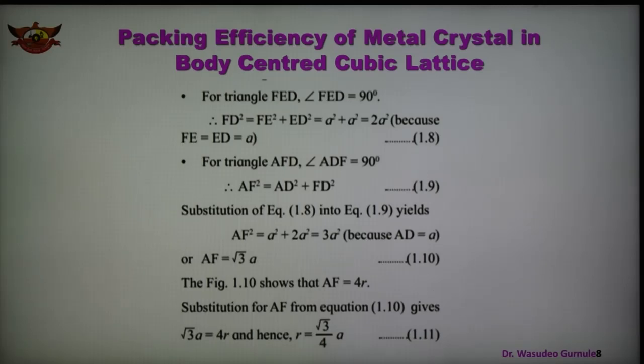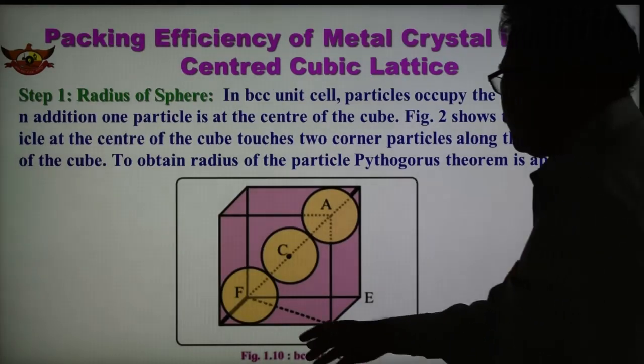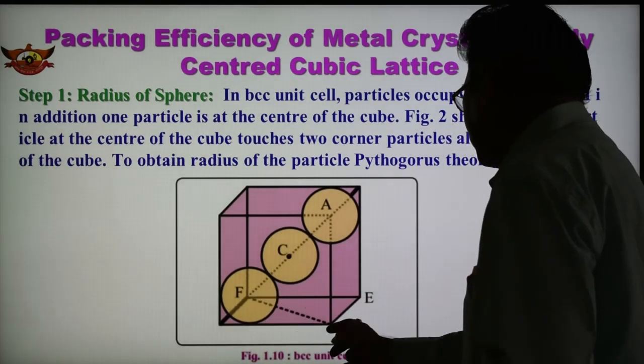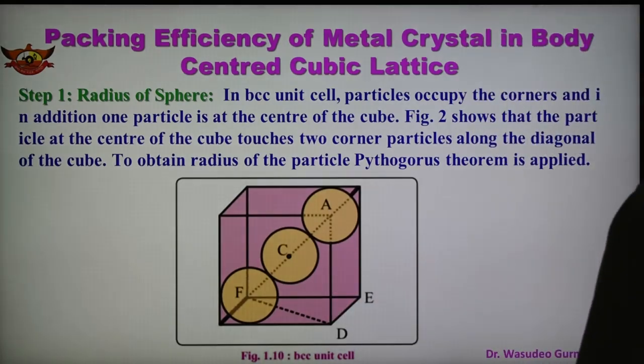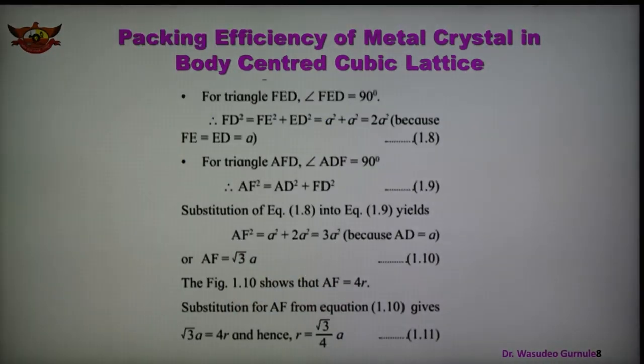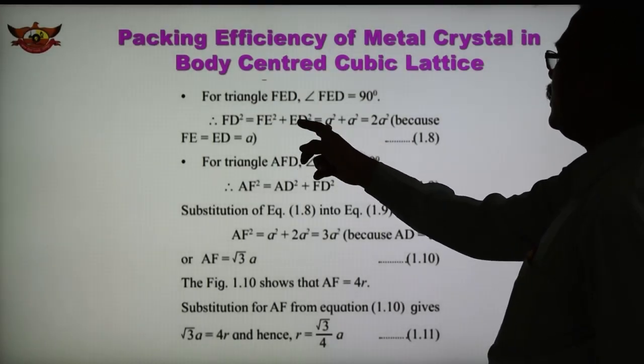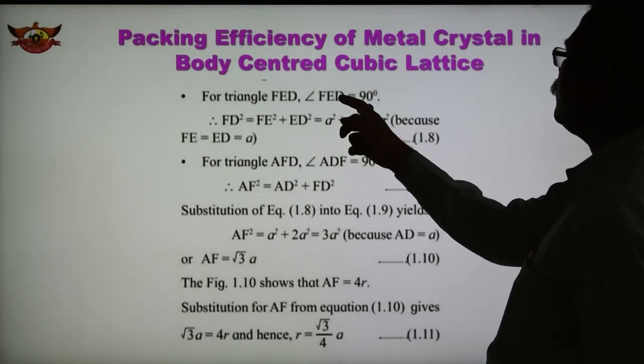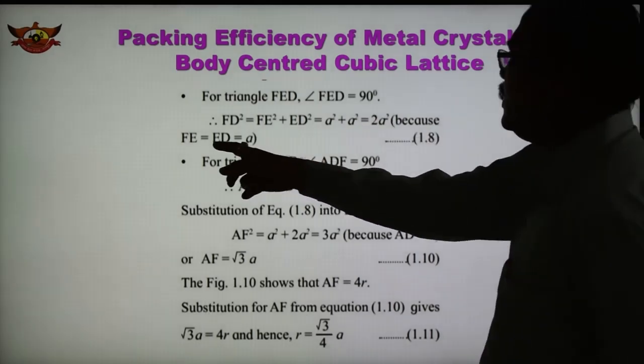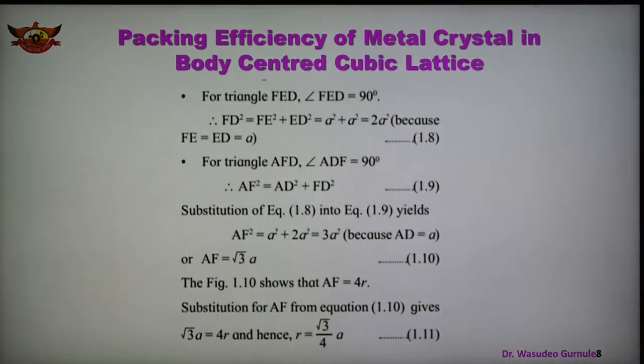Here we can say that the angle is 90 degrees in FED and 2A square, because FE equal to ED, that is equal to A. So FE equals ED equals A, and therefore here is shown the square of this. FE square is A square, so twice A square, because FE equals ED equals A.